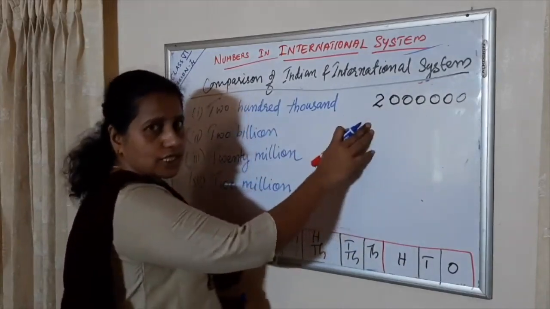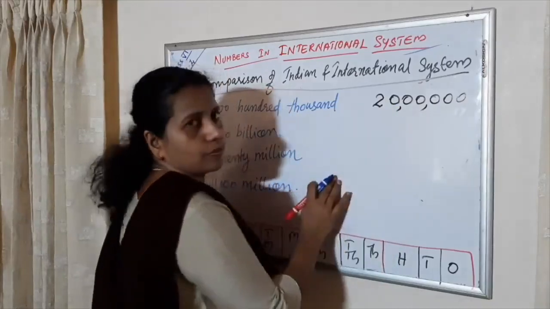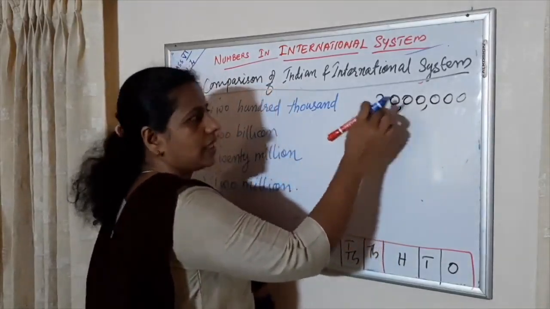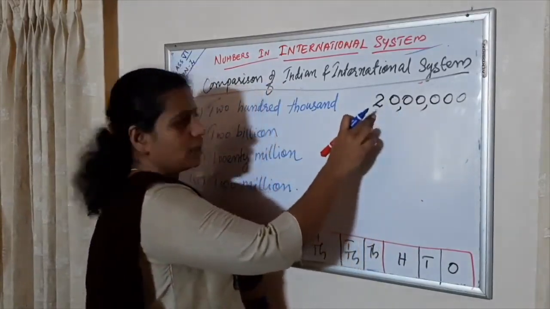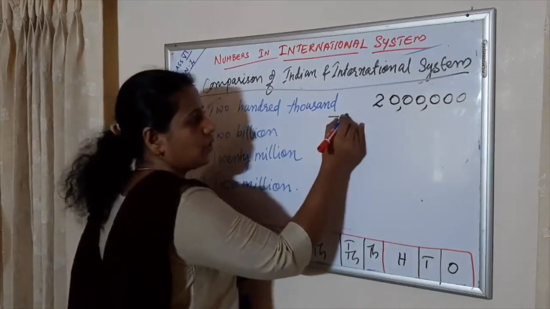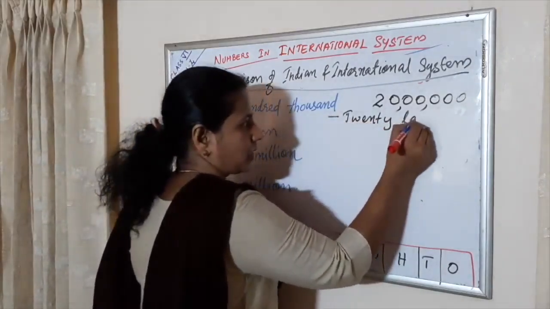Now we want to insert comma in Indian system. 3, 2. Okay, ones, tens, 100, 1,000, 10,000, lakh, 10 lakh. So 200,000 is equal to 20 lakh.